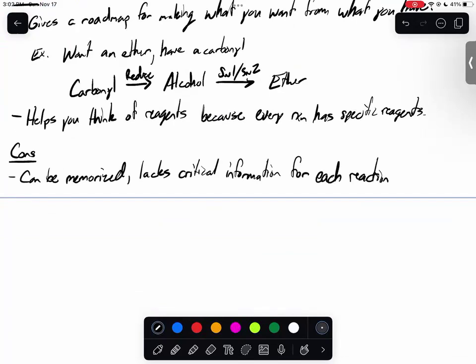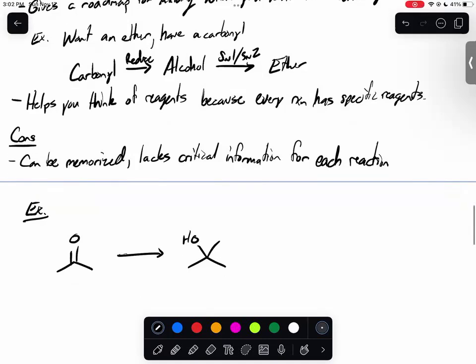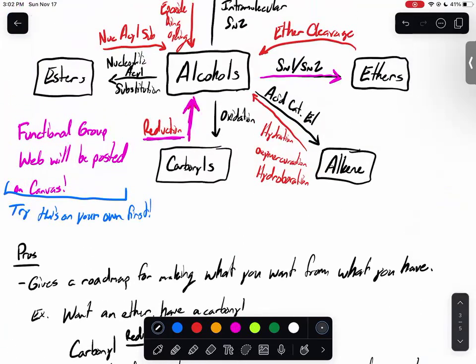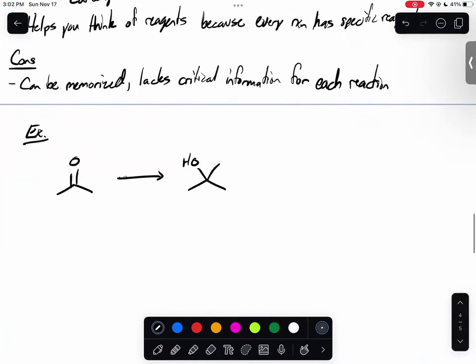A good example of this would be, say we are asked to go from this carbonyl to this alcohol here. Well, we would say that this is a reduction, because we're going from a carbonyl to an alcohol, and based on what we drew in our roadmap up here, reduction is how you do it. So it must just be the case that if we add in lithium aluminum hydride, we'll end up getting this alcohol. But the one thing that this doesn't account for is the fact that right here, there is a new carbon-carbon bond.